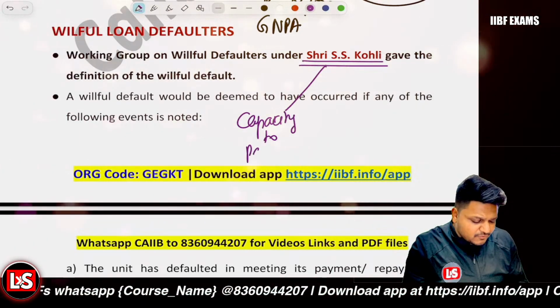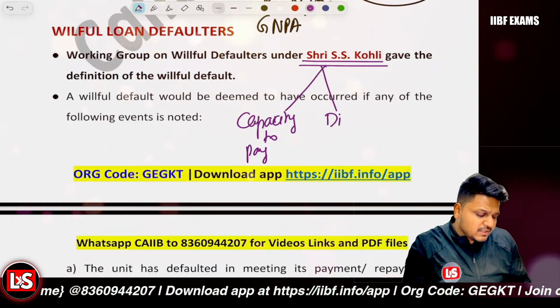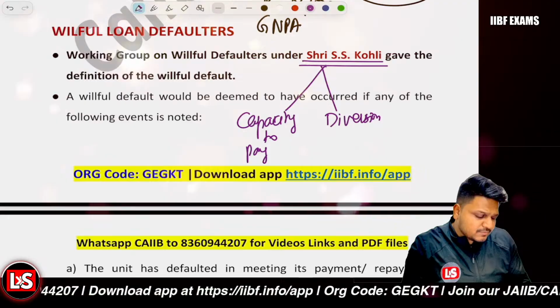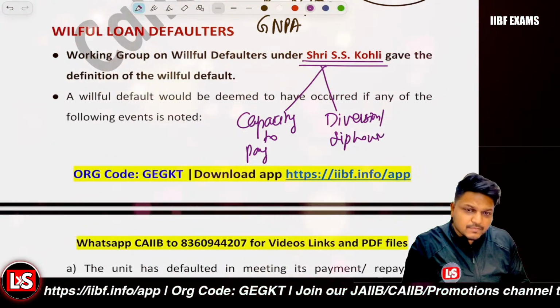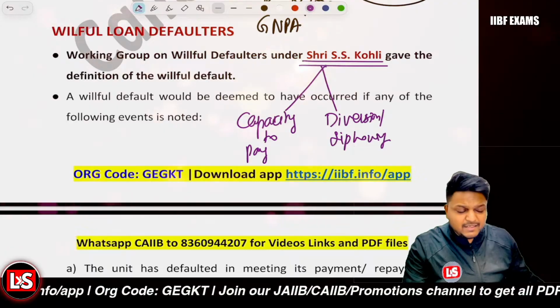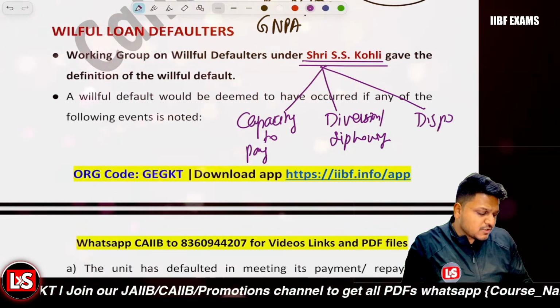The second part is related to diversion or siphoning of the funds. And the third one is related to disposal of the security.